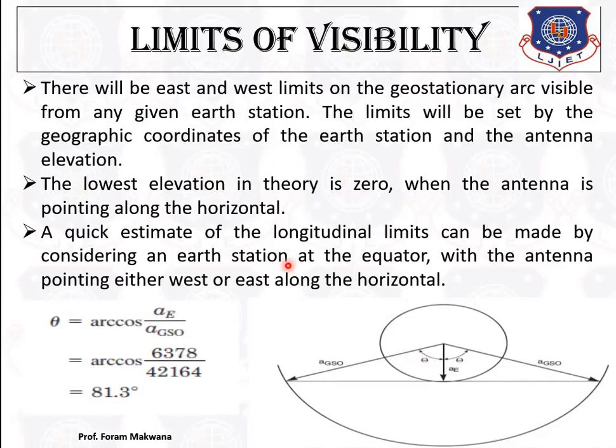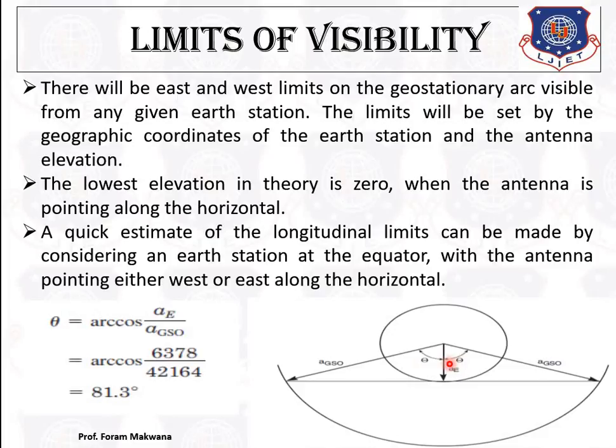A quick estimate of the longitude limits can be made by considering the earth station at the equator. With the antenna pointing either east or west along the horizontal, we define the limits of visibility with the help of the angle theta.